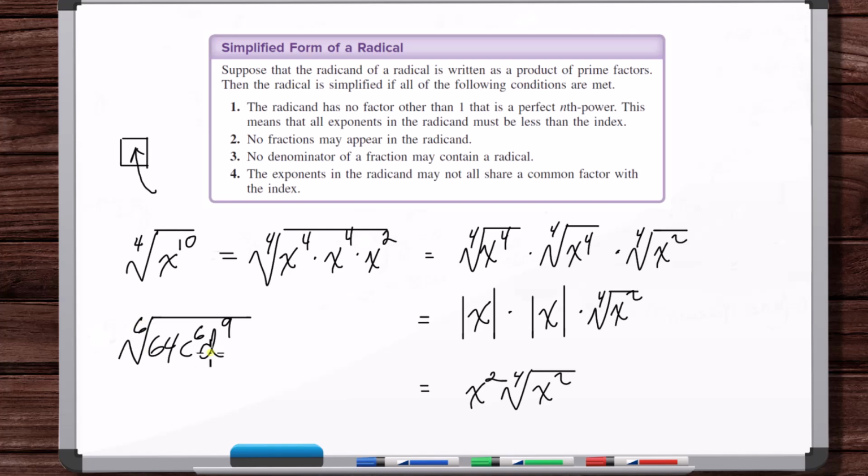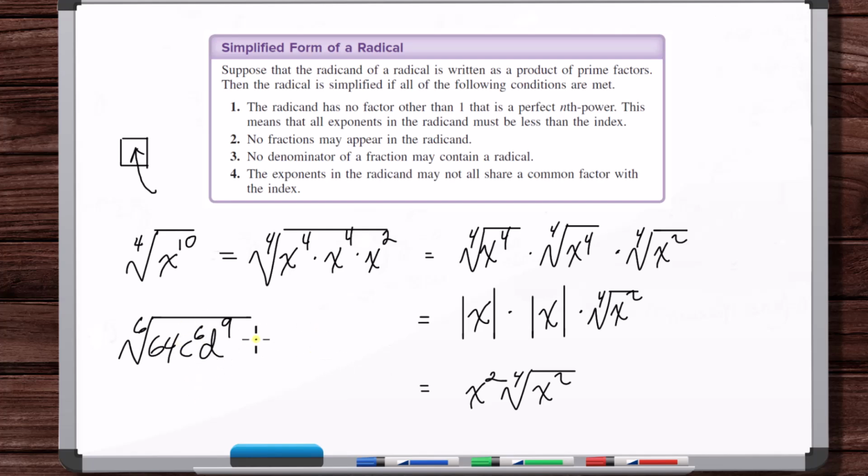So you're just going to apply it that way. When you're taking out this C to the 6th here, you're going to have to take out an absolute value of C, because if someone inputs a negative C, you can't have that outputting a negative C as well. But someone can't input a negative D to begin with, so you don't have to worry about the absolute value on the D.